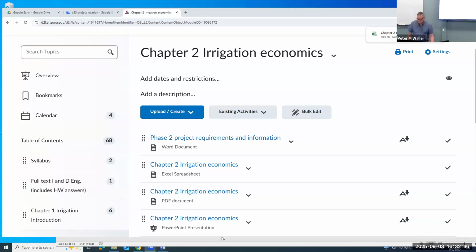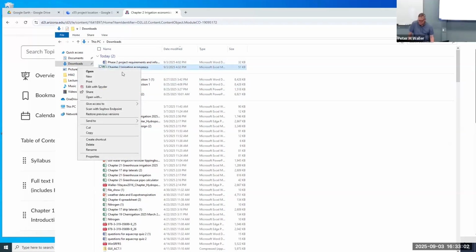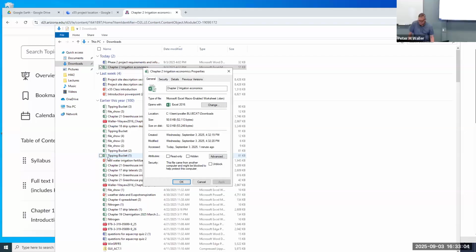All right, so I just downloaded my spreadsheet and there's a little trick. When you download spreadsheets onto your computer, it doesn't like them if there's any Visual Basic. Visual Basic used to be the language of Excel. Now I think it's Python. So before you open it, you have to right click on the file, go to Properties, and click Unblock any programs on the file.